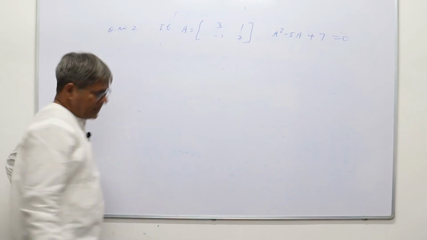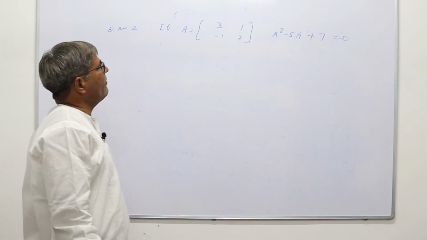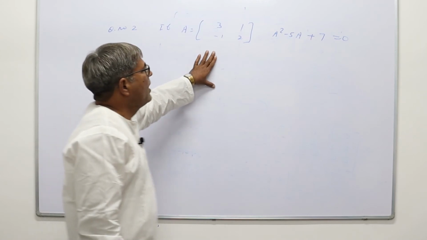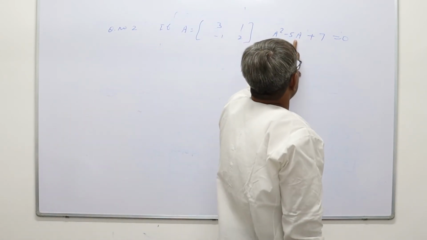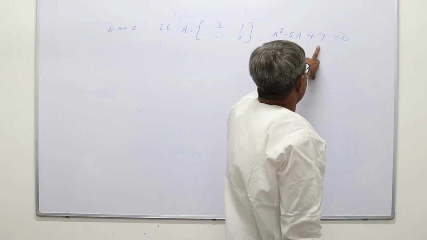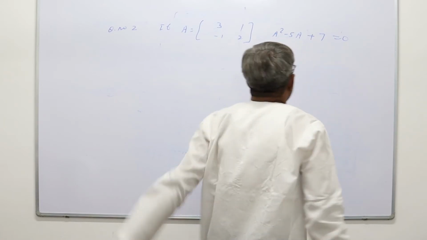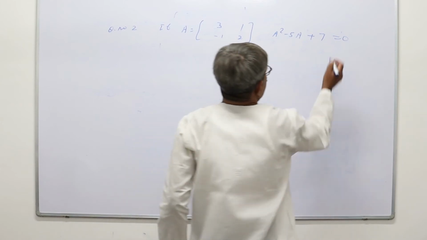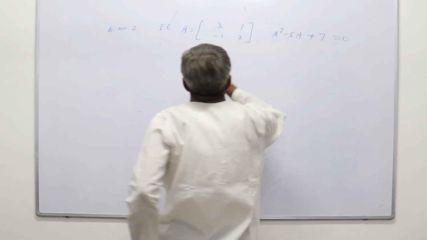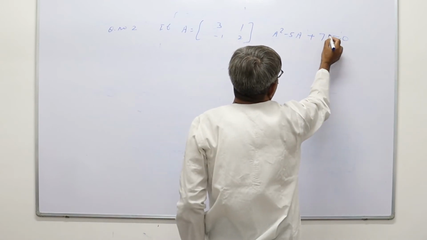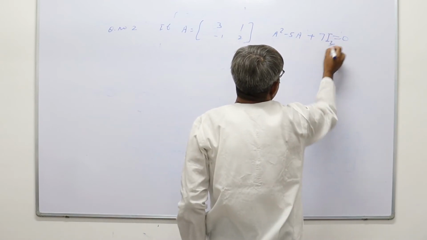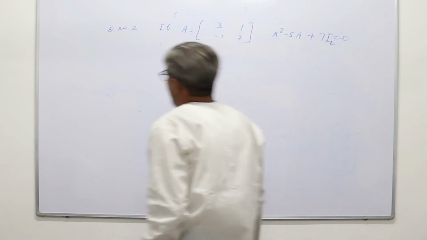So how will we solve this question? Again, we are given one matrix of order 2 by 2 and one algebraic relation. A square minus 5A plus 7 should be equal to 0. Here this 7 is a scalar and the given matrix is of order 2 by 2. So we will write here I2, that is the identity matrix of order 2.